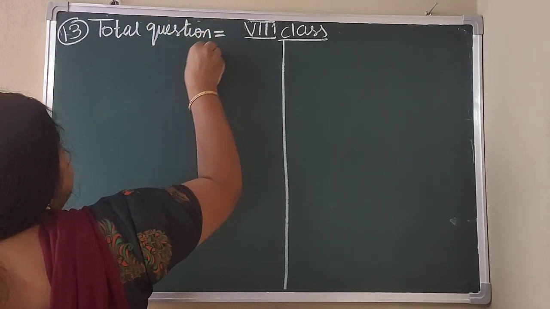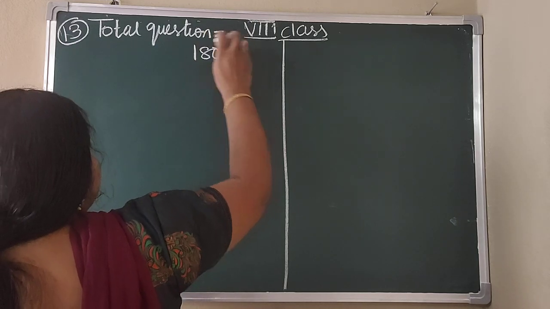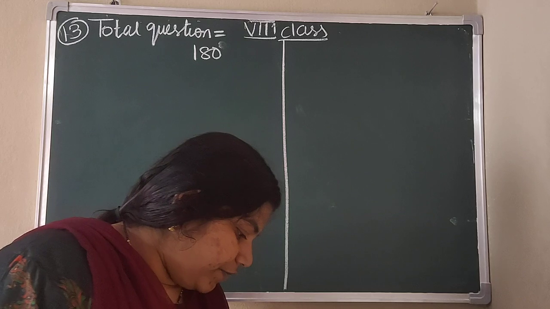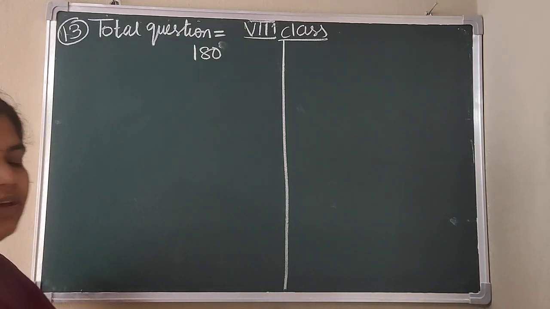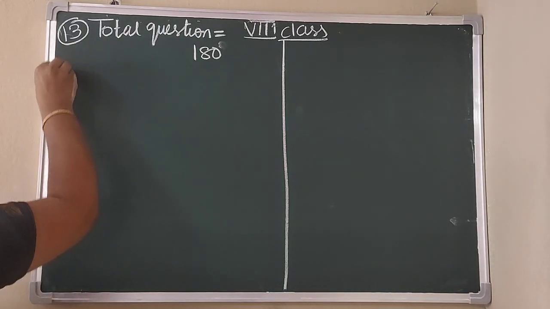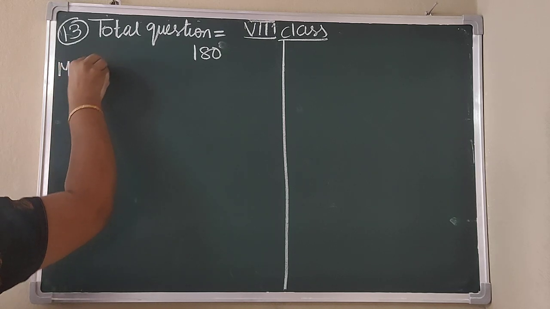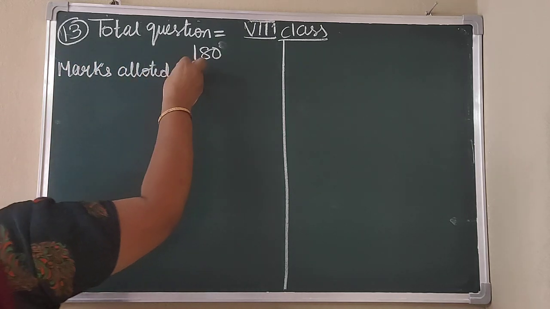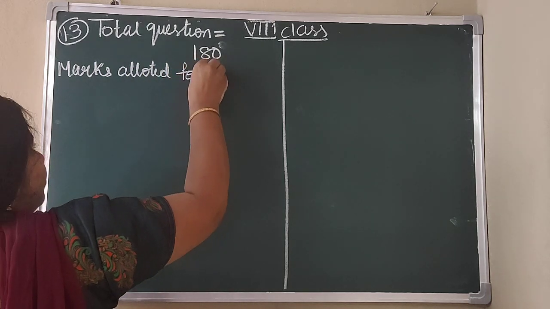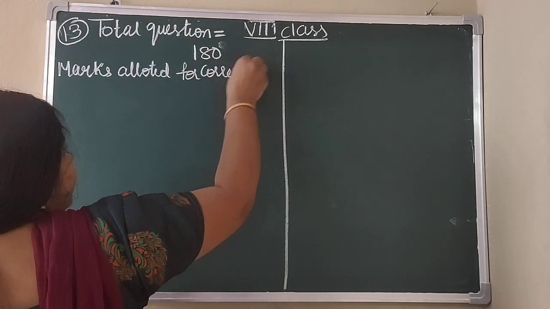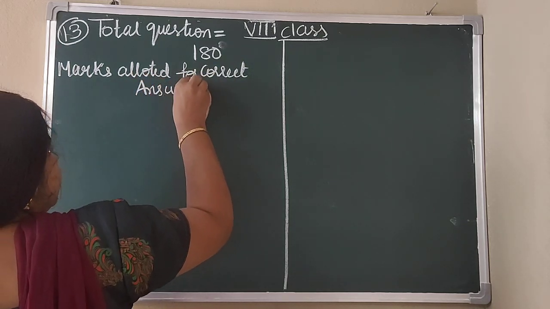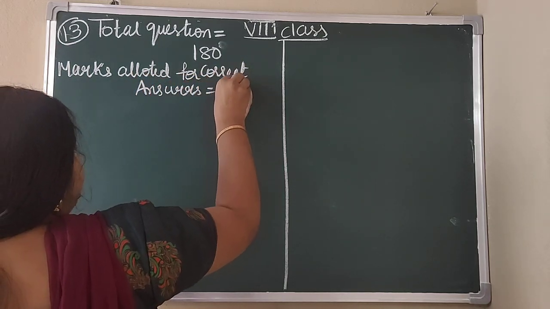So total questions are 180. For every correct answer, how many marks are they giving? 4 marks. So marks allotted for correct is 4 marks.